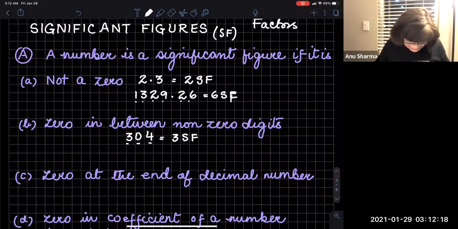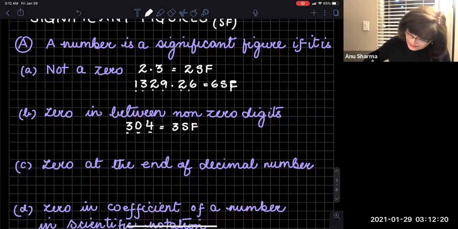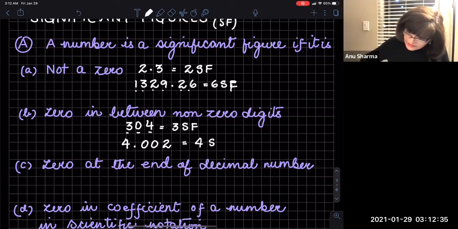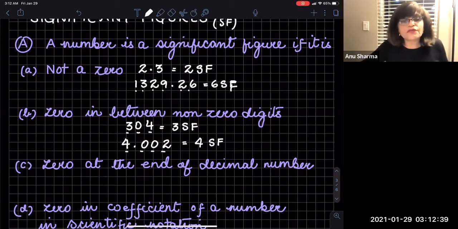Okay, let us say you have another figure, which is like 4.002. In this number, there are four significant figures. So we are going to count 1, 2, 3, 4, all four of them.